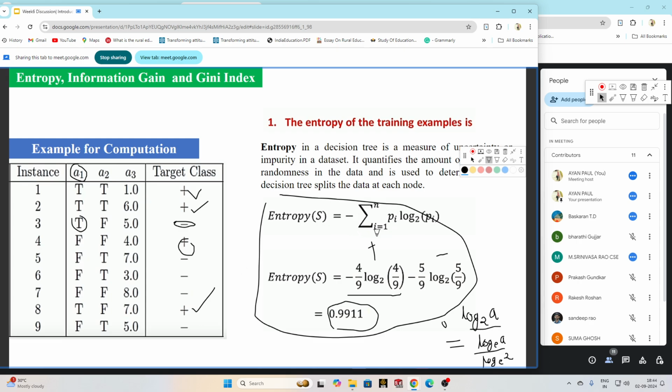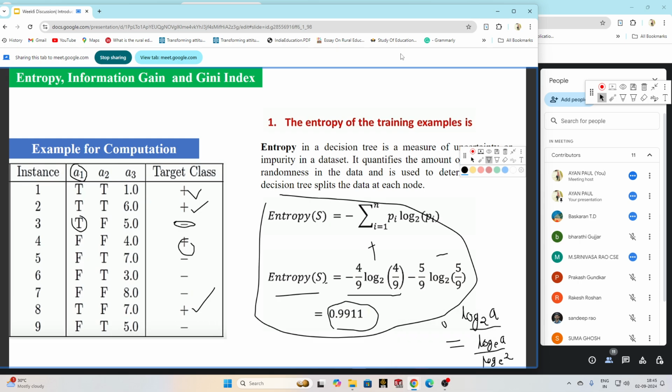Entropy is given by the formula minus the sum over i equals 1 to n of pi log base 2 pi. Here i indexes the classes in that attribute or set, and pi is the probability of that particular class in your set. We have two classes, positive and negative. For the positive class the term is minus 4 by 9 log base 2 of 4 by 9, and for the 5 negative class it is minus 5 by 9 log base 2 of 5 by 9. By that you find the entropy of your output set, that is entropy of S.